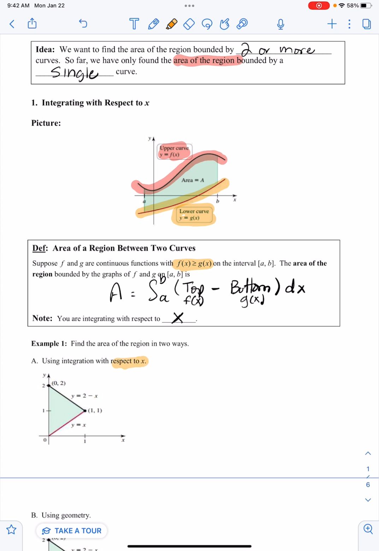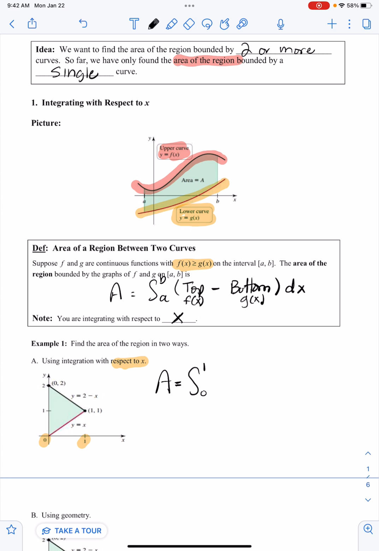So we have to figure out who our top and bottom curve is and what our bounds are on the x-axis from a to b. First of all, we can see those bounds. They're nice and labeled for us. Our limits of integration: the triangle is drawn from the x value of 0 to the x value of 1.